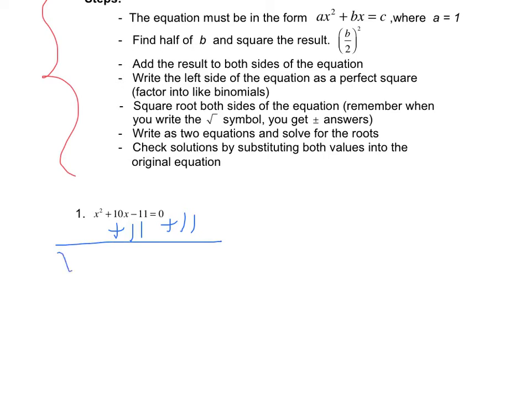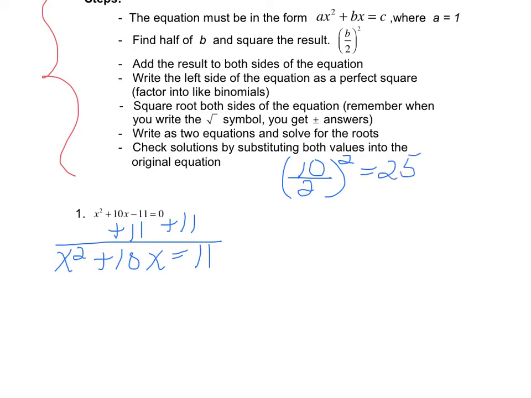So we now have x squared plus 10x equals 11. We have to make sure our a value is a 1. And in this case, it is a 1 because there's no integer in front of the x squared, which is understood to be a 1. All right, now it says take the b value, which is our 10, divide it by 2 and square it. So off to the side, 10 divided by 2 squared is 25.